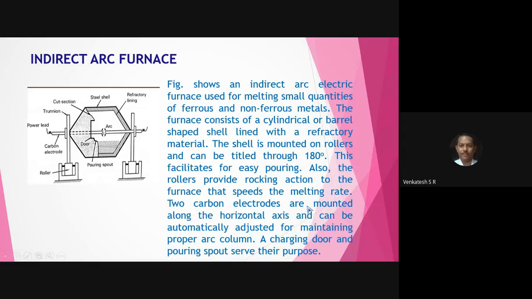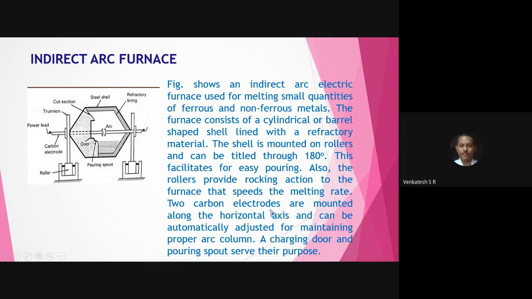Two carbon electrodes are mounted on trunnion. All of you observe here, TRUNNION.